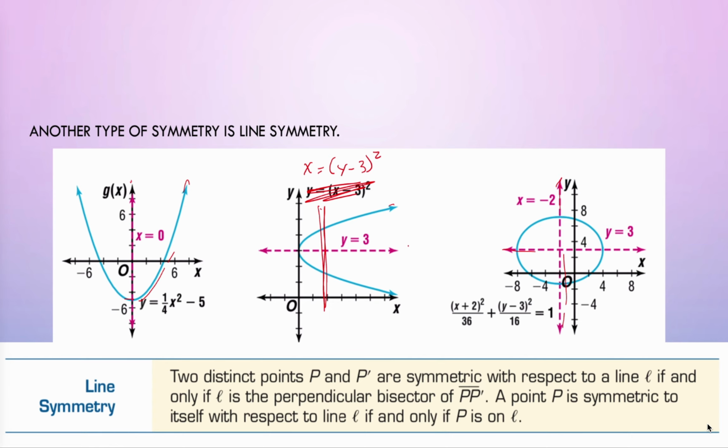Again, we have the formal definition: two distinct points, P and P' are symmetric with respect to a line L if and only if L is the perpendicular bisector of the line from P to P'. The point P is symmetric to itself with respect to line L if and only if P is on line L. So what that means, again, is if this is the line of symmetry, then any point on one side of the line, we can draw a line perpendicular to the line of symmetry and hit a point on the other side of the line.